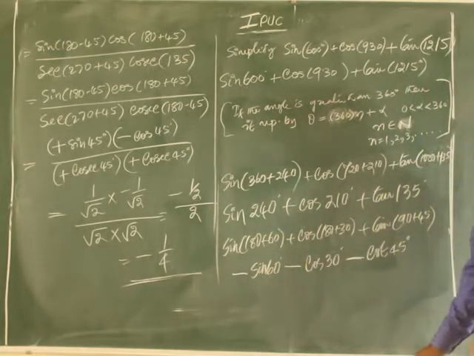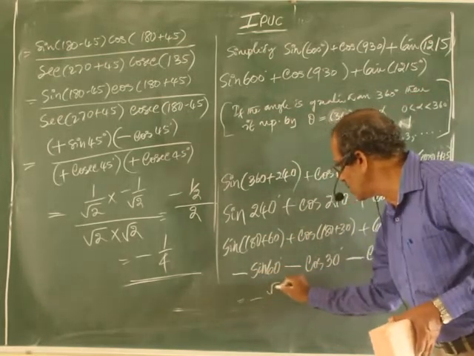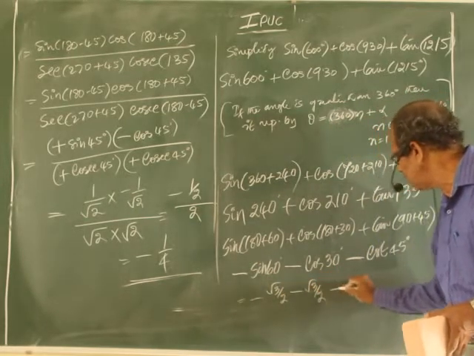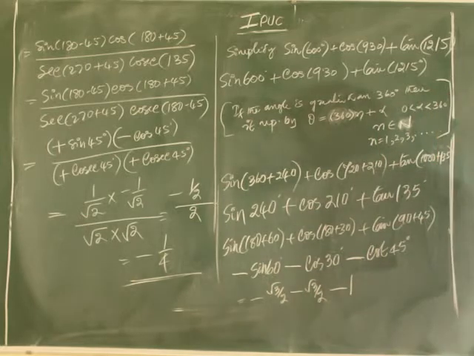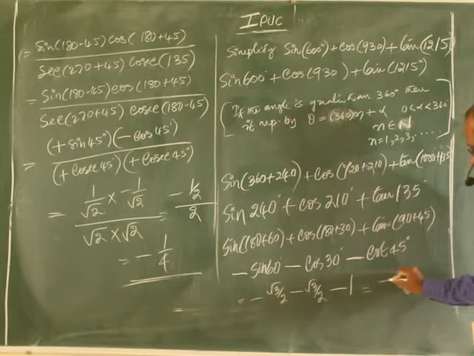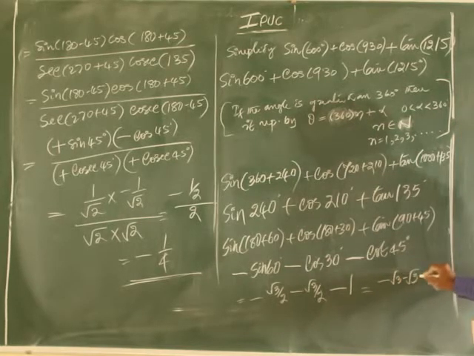See. Sin 60 minus root 3 by 2. Cos 30 minus root 3 by 2. Cot 45. Final answer is minus root 3 minus root 3 minus 2 divided by 2.